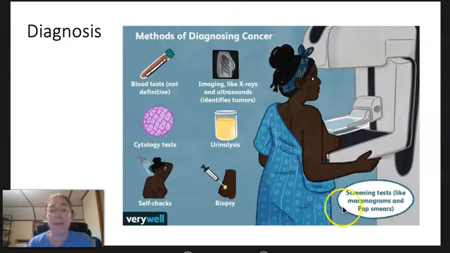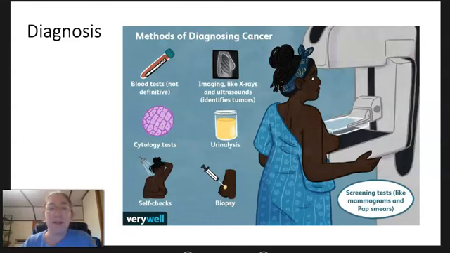So things like mammograms, which is what's pictured here, to screen for breast cancer. Pap smears, these are samples of cells taken from the cervix in the vagina to check for cervical cancer, and those are done oftentimes annually for women, to check for cervical cancer caused by HPV, human papillomavirus.